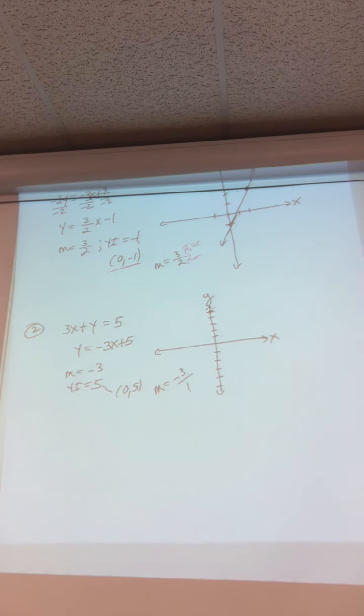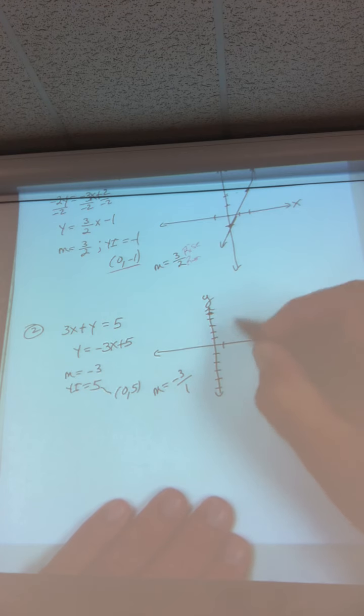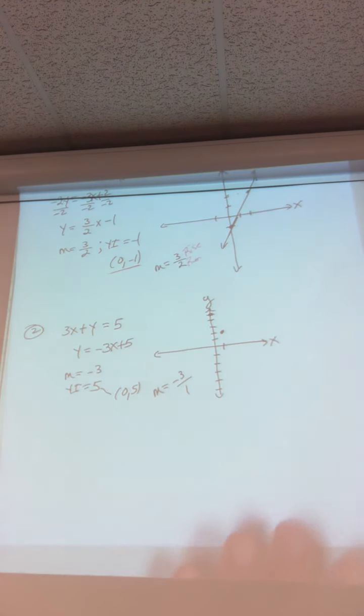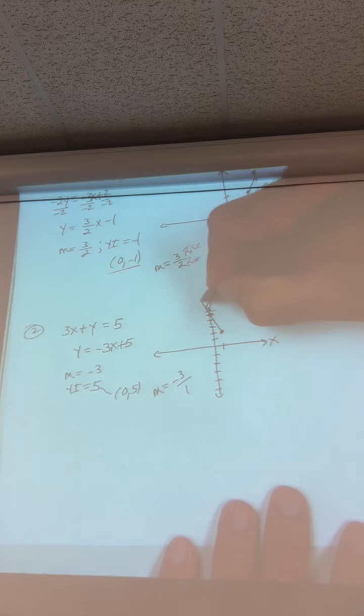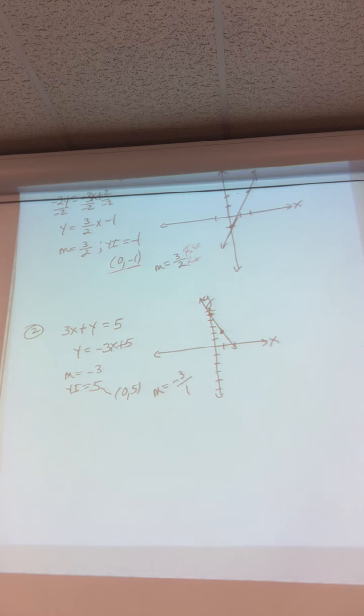So that will mean go down 3 and right 1 from this point that I just plotted. So I'll come to here, go down 1, 2, 3, and then go to the right 1, place that point. Then draw the line through those 2 points, and that's the graph of that line. So it's pretty easy to graph a line by using the slope and y-intercept.